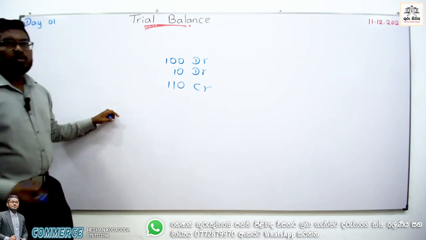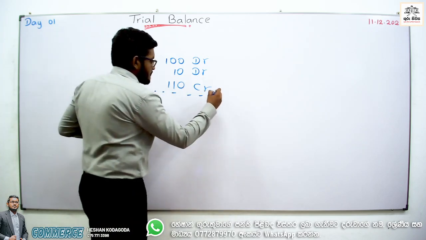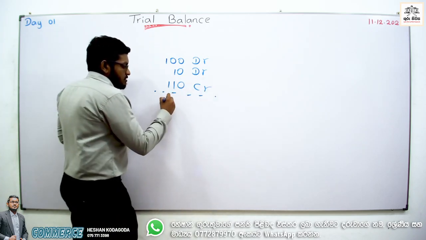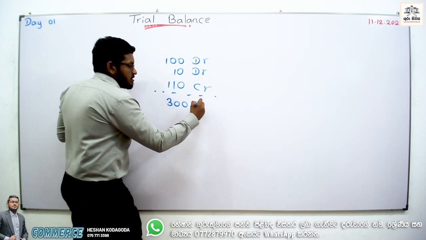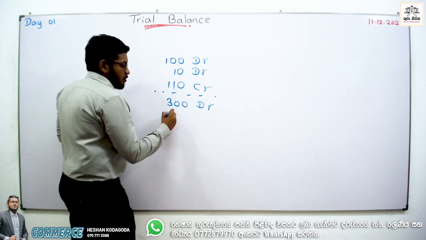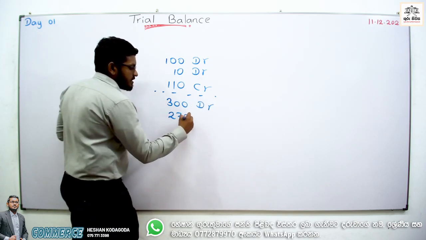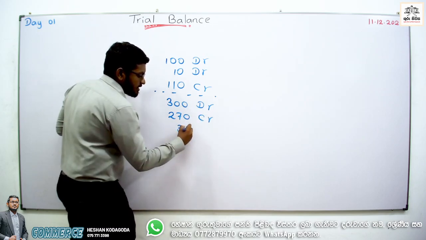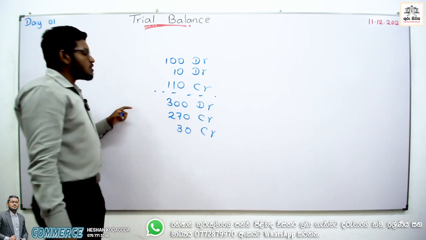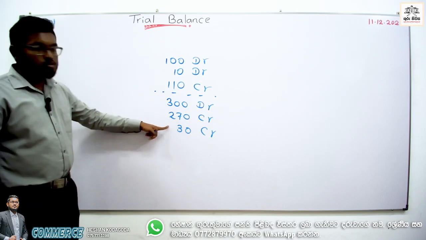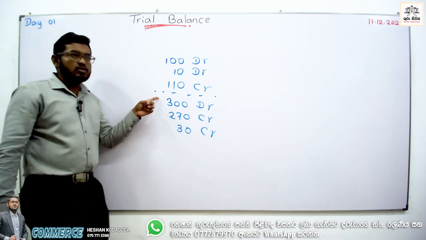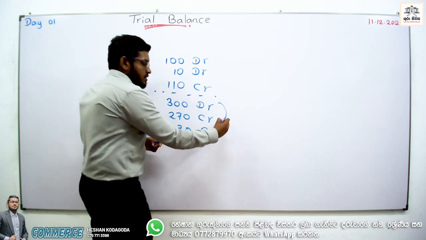Not only that, like this, 300 debit, 270 credit, 30 credit. This is also equal. Why? Total credits are 300, total debits are 300. This is also tally.